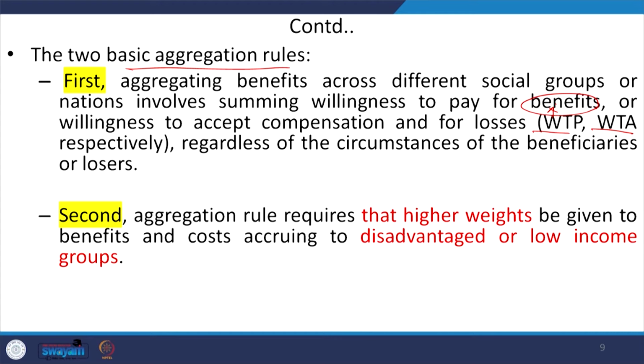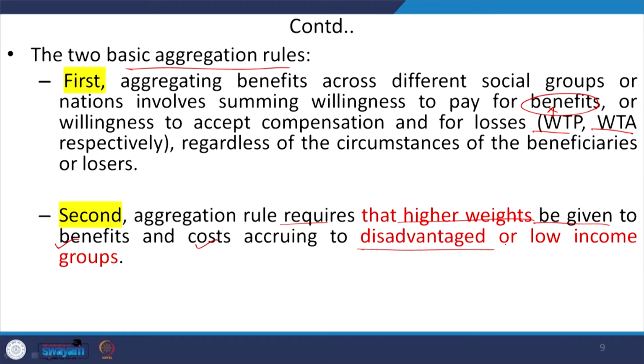And the second principle that we are also taking into account in order to find these aggregation rules of costs and benefits is that for this aggregation rule, we are giving higher weights to the benefits and costs that accrue to the disadvantaged or low income groups who are not privileged.